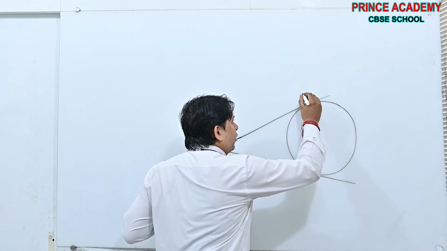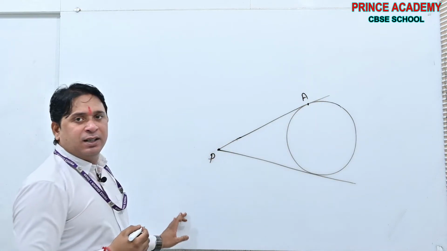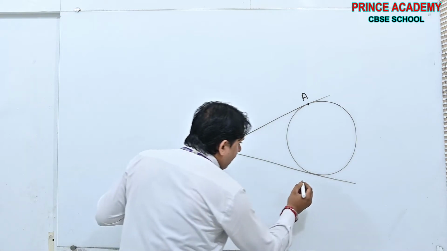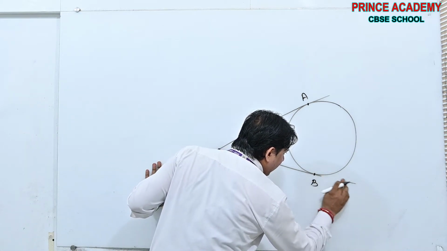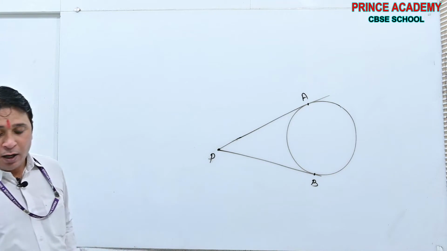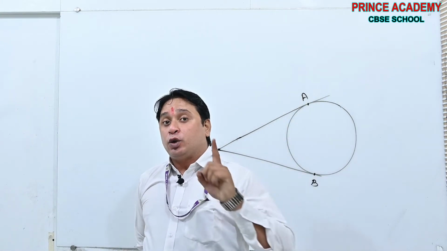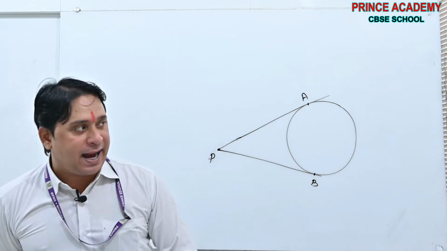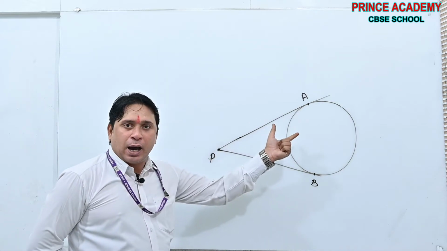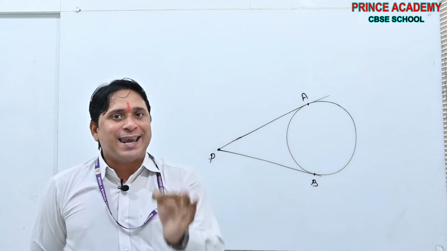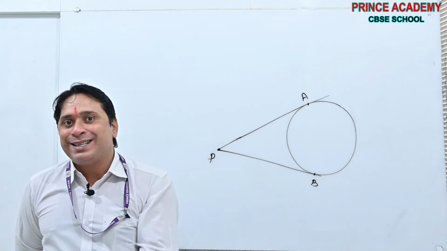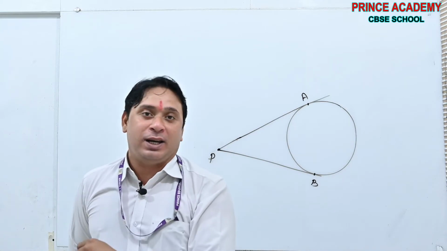Suppose A is the point of contact and PA is the tangent. B is the point of contact and PB is the tangent. Now, what is the theorem all about? Theorem states that tangents drawn from an external point to a circle are equal.